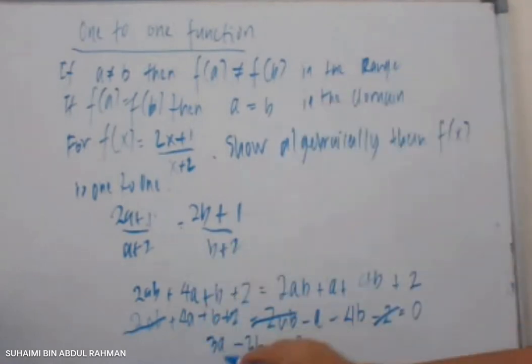So we get 3A equal to 3B, therefore A equal to B. So we show that it is a one-to-one function.